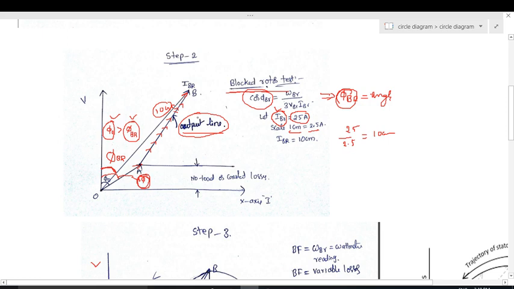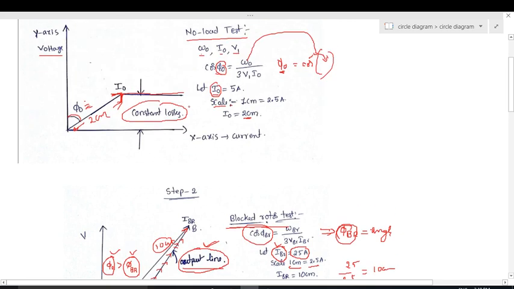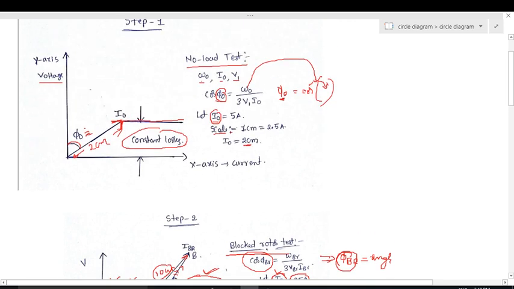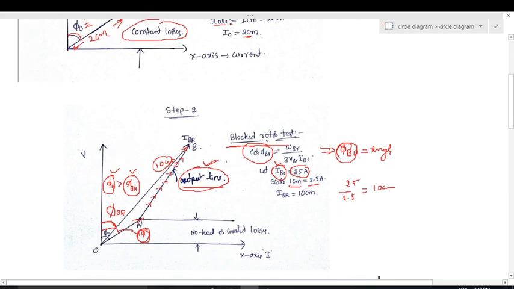I will discuss later why this is the output line. This is the second step. By using the no load test we drew I naught, and by using the block rotor test we drew a line, and I connected A and B, those two points. This is called the output line.